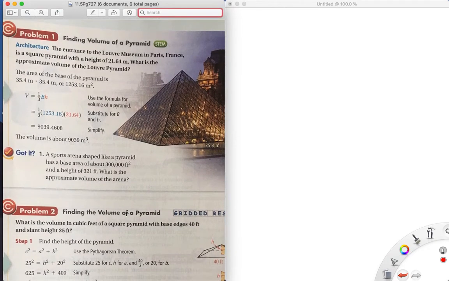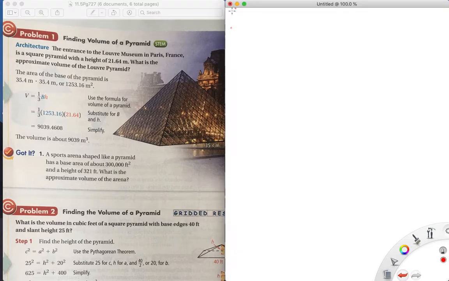So the example that they have here, they say there's a sports arena shaped like a pyramid with a base of 300,000 feet and the height of 321 feet. What is the approximate volume of the arena?